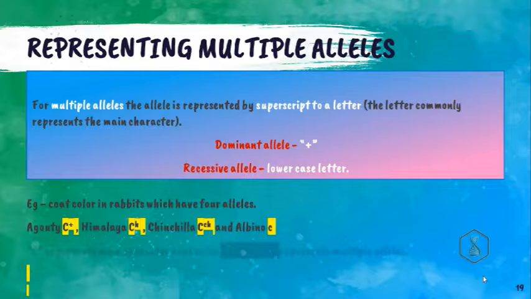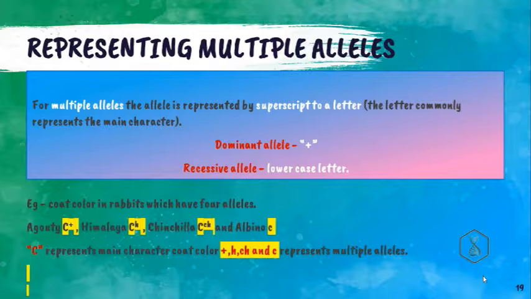Example, coat color in rabbits, which has 4 alleles: agouti, which is represented by C plus, Himalaya represented by C superscript H, Chinchilla by C superscript CH and albino by C. Here, C represents the main character, that is coat color, whereas plus, H, CH and C represent the multiple alleles, which are written as superscript to the letter that represents the main character, coat color.